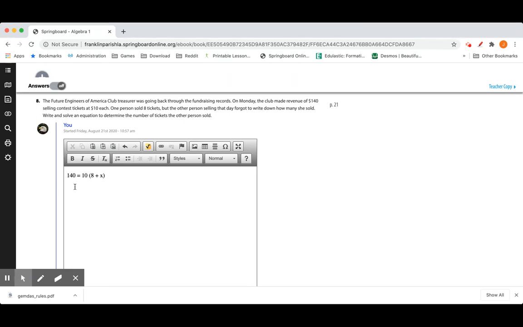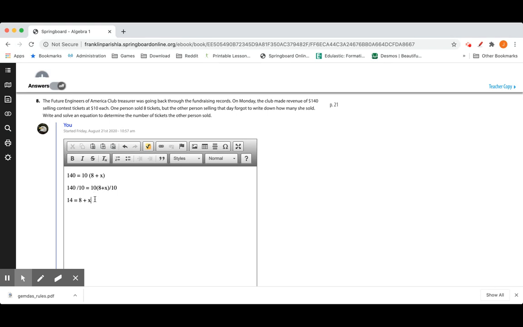Let's do that. 140 divided by 10 will equal 14, and 10 divided by 10 is 1. So we have 8 plus x.